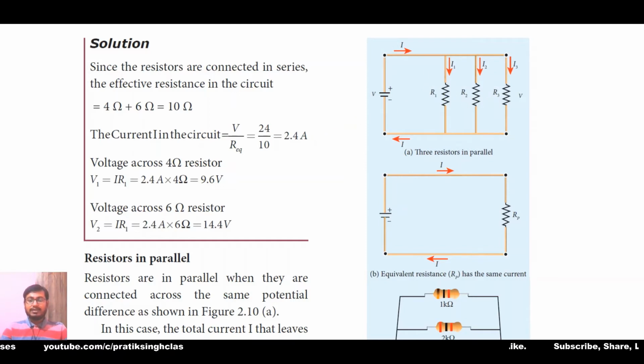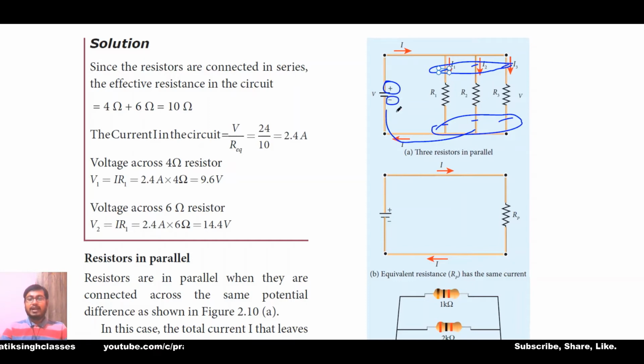This resistor R1 has two ends, suppose this is the first end and this is the second end, likewise for the second resistor and the third resistor. These three ends are simultaneously connected to one end, that is the positive terminal of the battery. Likewise the other ends of the resistors are together connected to the negative terminal of the battery. That is why it is said that these resistors are connected in parallel.